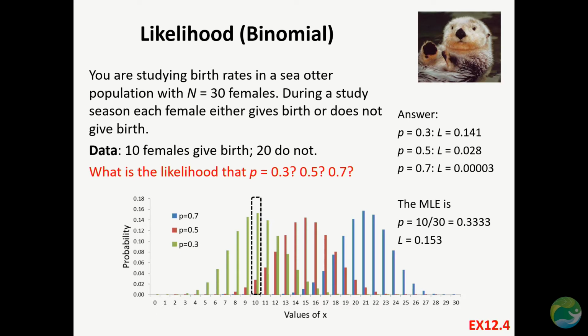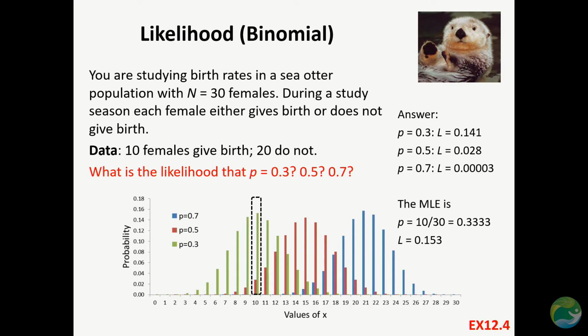During a study season, each female either gives birth or doesn't. One scientist goes to the ocean and has the data: 10 females give birth, 20 do not.